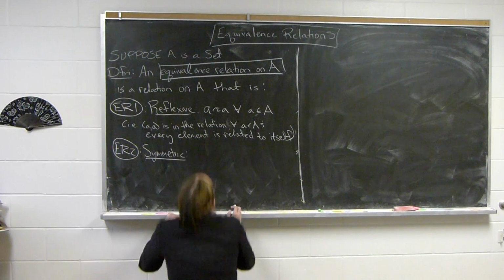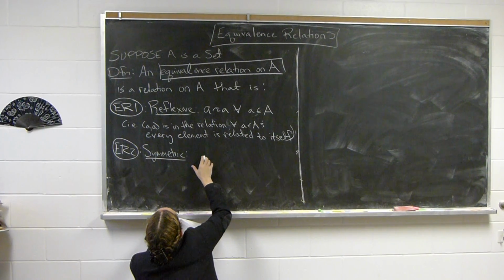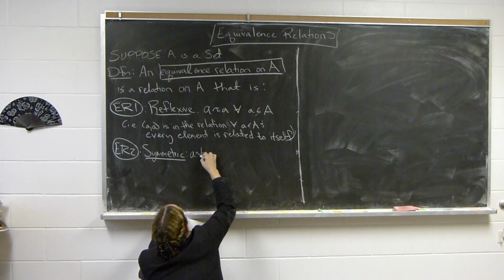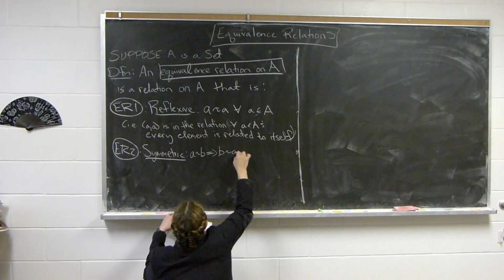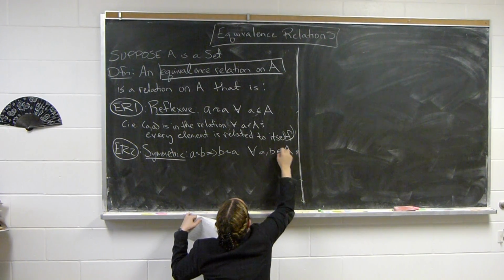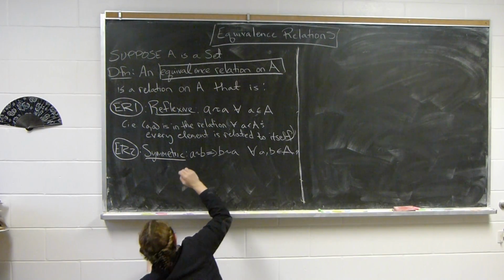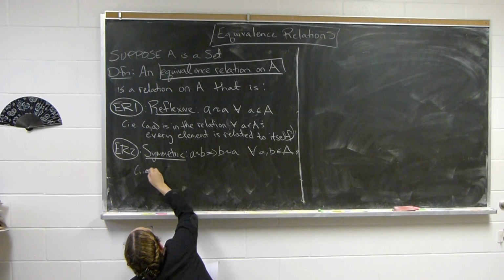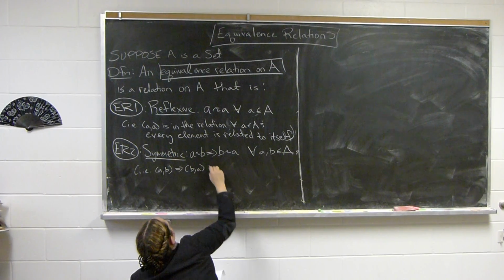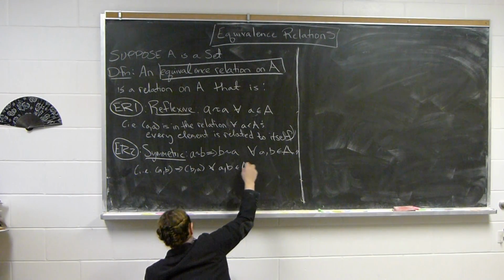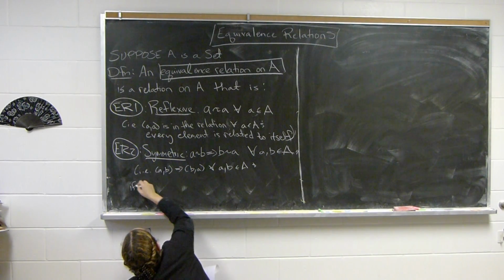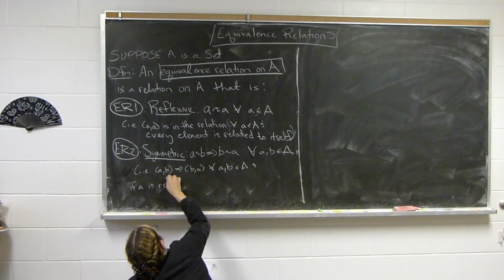It means that for all A, B in A, we're going to have that A is related to B if and only if B is related to A. Or you'd say (A, B) implies (B, A), so A is related to B implies B is related to A for all A, B in A. Another way to view that is if A is related to B, then B is related to A.